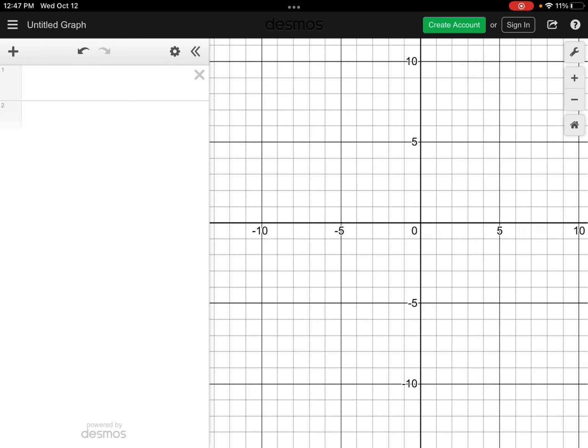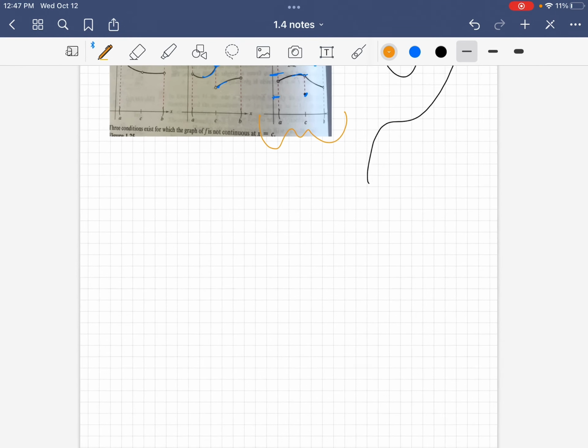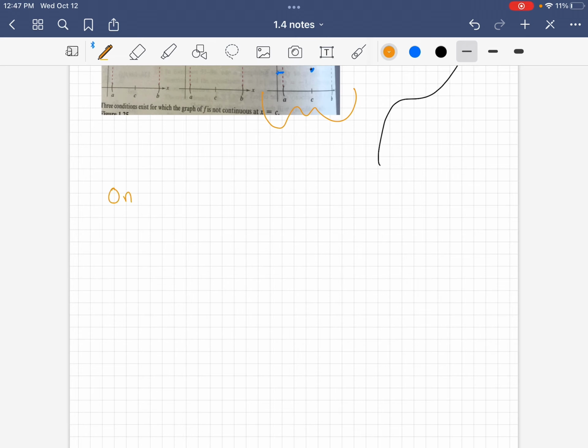Okay, does that kind of make sense? All right, so to help us in this discussion of discontinuity, we deal with one-sided limits, which we've already talked about before.